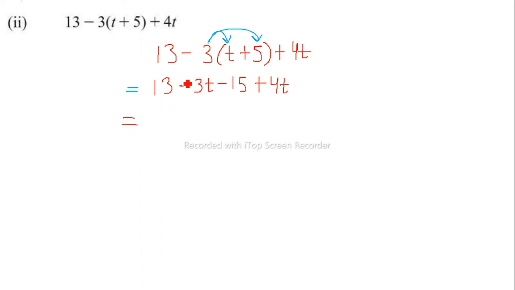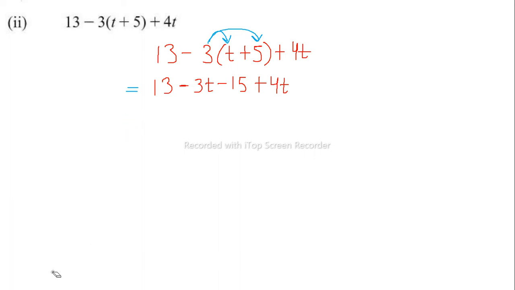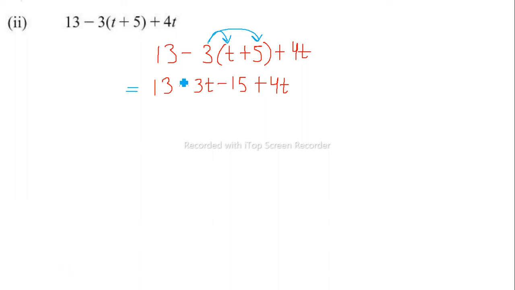we're going to bring all our t's together and then all our numbers together. That's a very important notion. We have to combine like terms. So the 3t and the 4t we're going to bring together. It's going to be equal to 4t minus 3t.